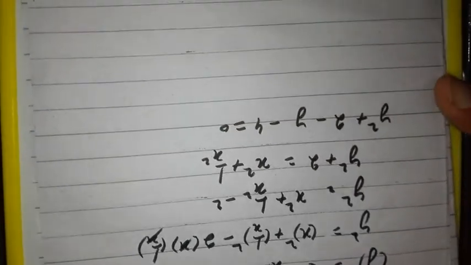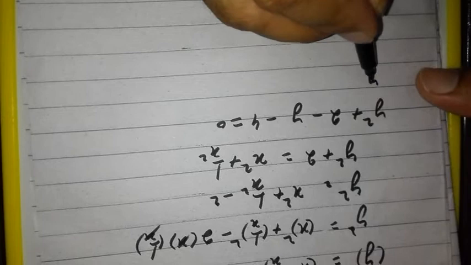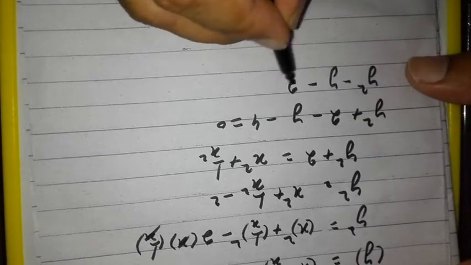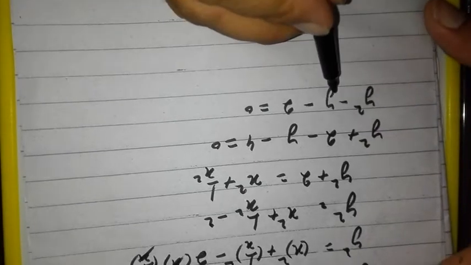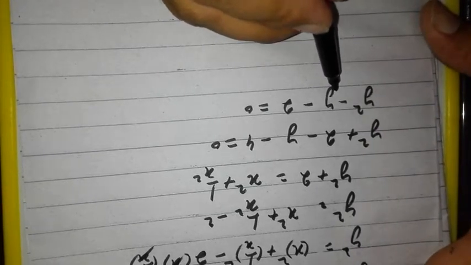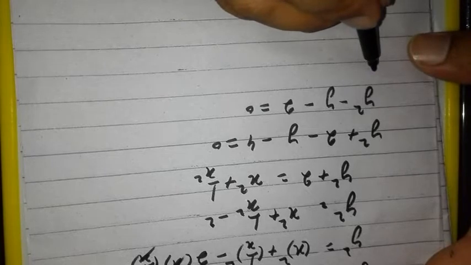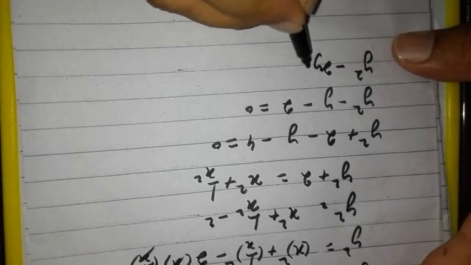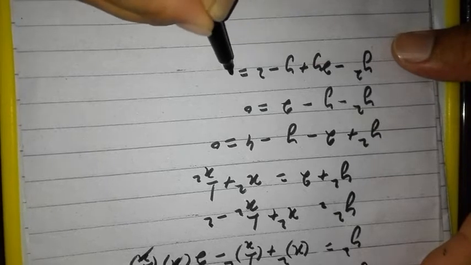Now we will solve it. Here we get y square minus y minus 4 plus 2, we get minus 2 equals to 0. We will split this term in such two terms, you know. So it will become y square minus 2y plus y minus 2 equals to 0.